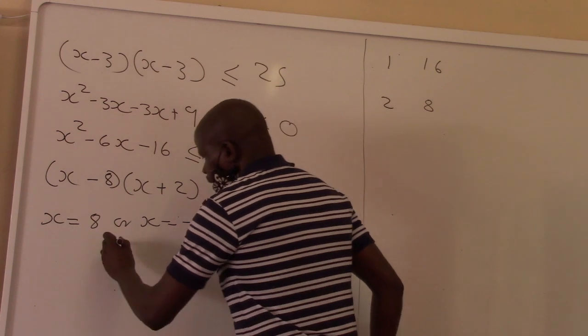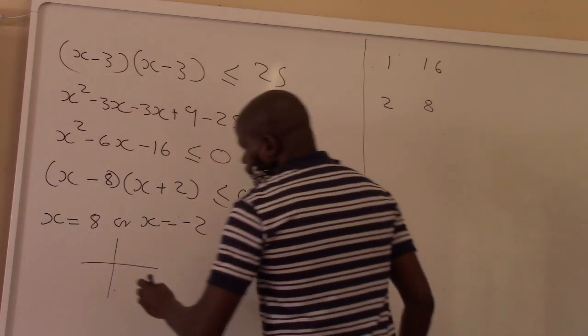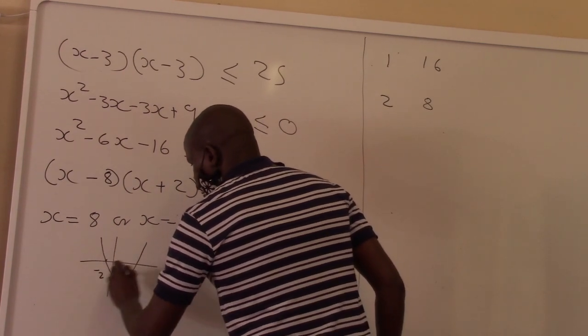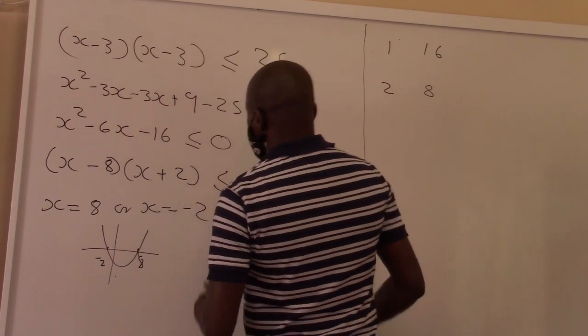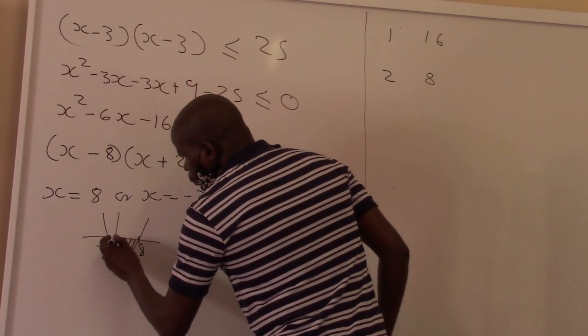Then these critical values, we must show them in a rough sketch. In this case it happened to be negative 2 and then 8. So it's less than, and for less than we talk about this region which is below the 0.